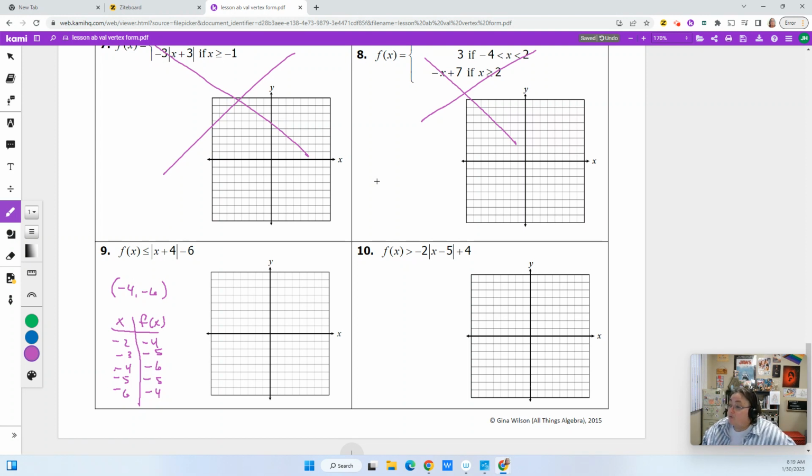And so when I go to graph this and I have that -4, -6, which is my 1, 2, 3, 4 in the negative, 1, 2, 3, 4, 5, 6, and I put that point in, I know that everything else is going to build around it. At -3, I have a point at -5 here, right?